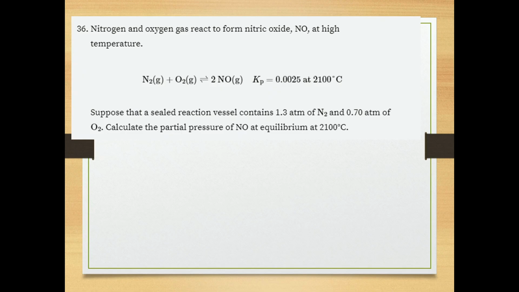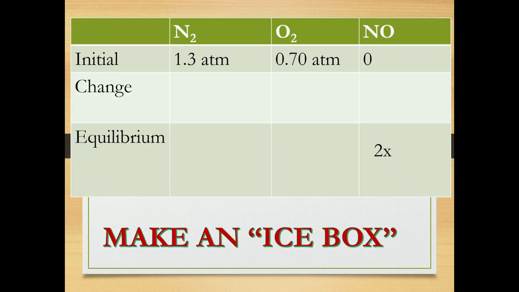So I have no NO here. I have 1.3 atmospheres of N2 and 0.7 atmospheres of O2, so I'm going to put those into the icebox. And I know that there's one N2, one O2, and two NOs, so the change in NO will be plus 2x.